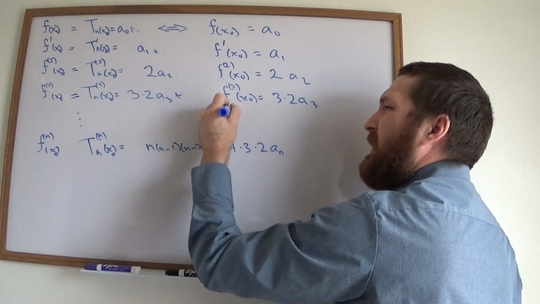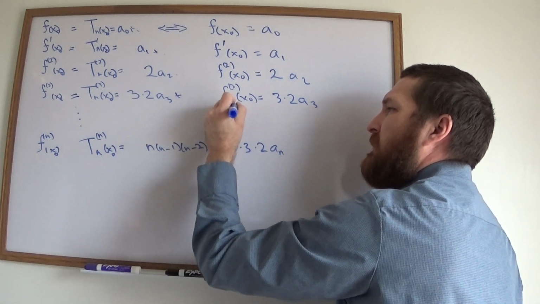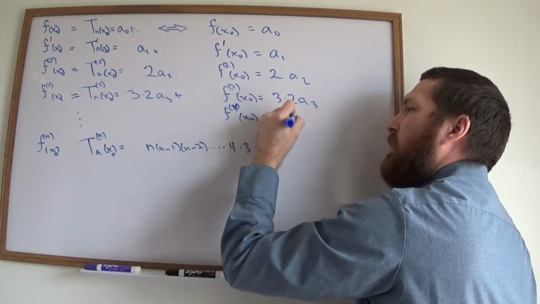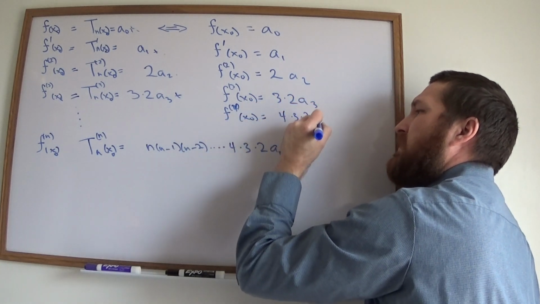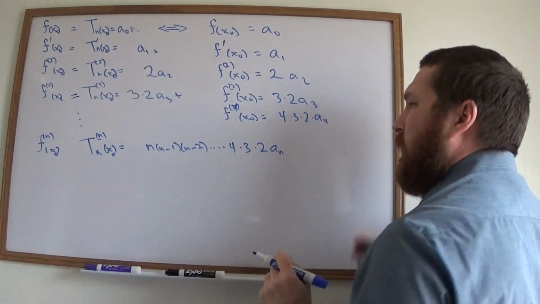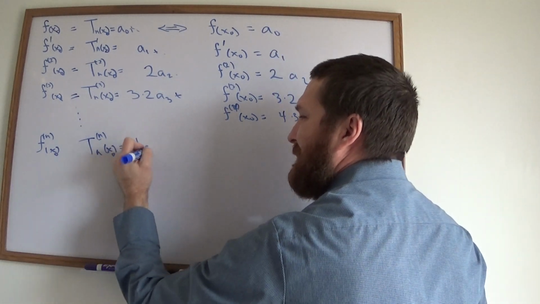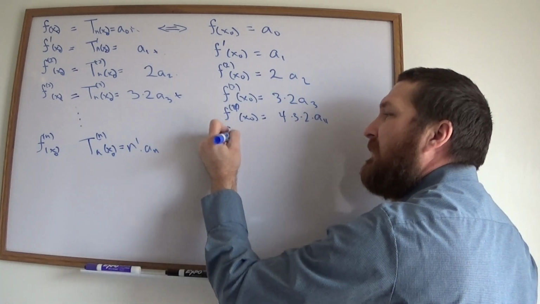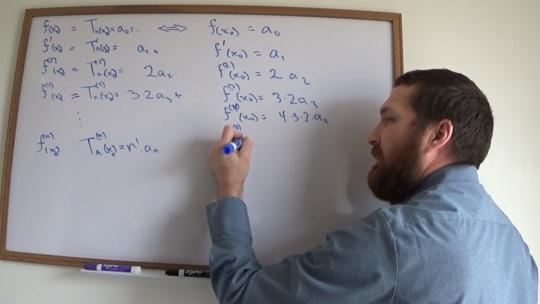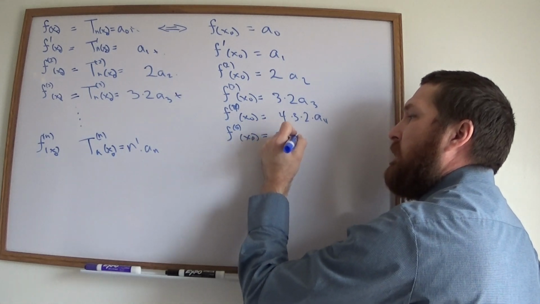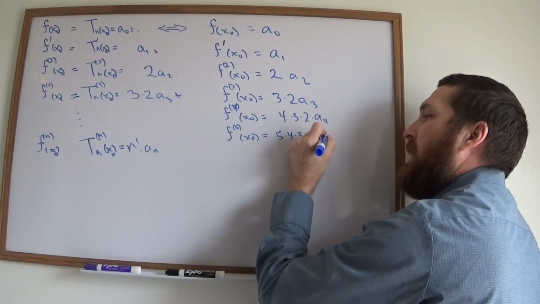What do you think the fourth would be? 4 times 3 times 2 times a4. I knew that this was that. Okay, what do you think the fifth derivative would have to be? 5 times 4 times 3 times 2 times a5.